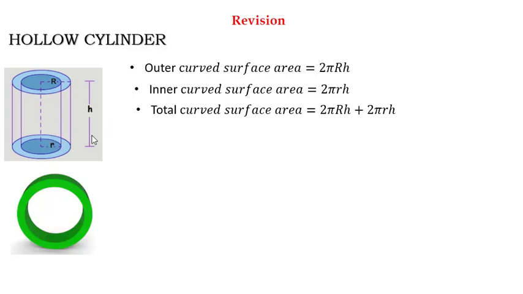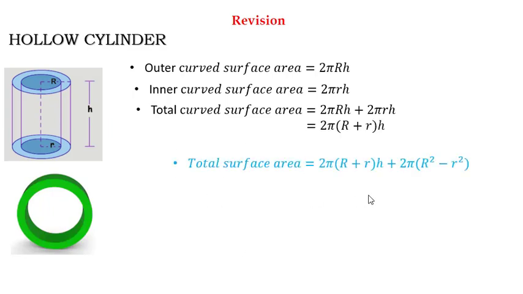Curved surface means the area which is curved in shape, right? Okay. Total surface area, if we take, it is curved surface area plus you can see this part, this is a circular part having some thickness. How can we find this?